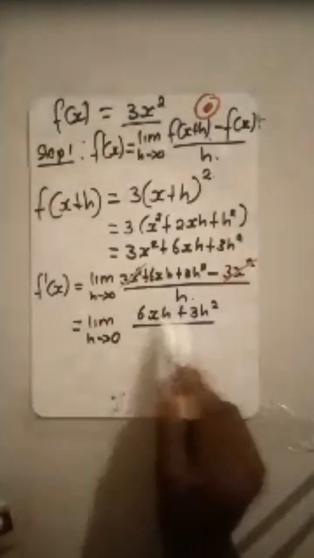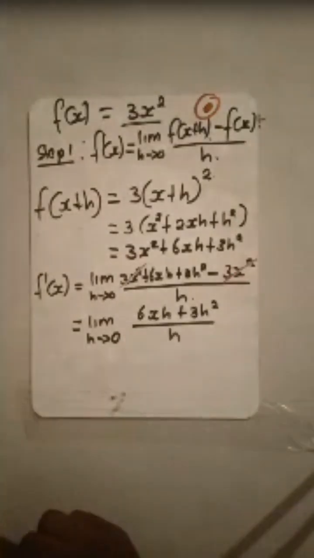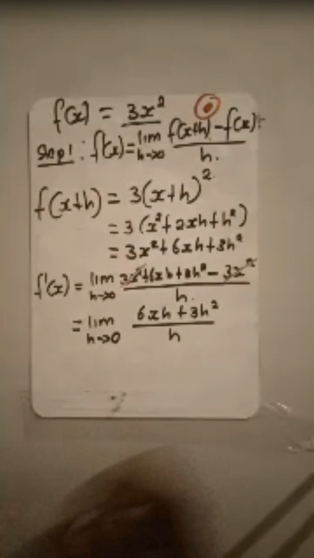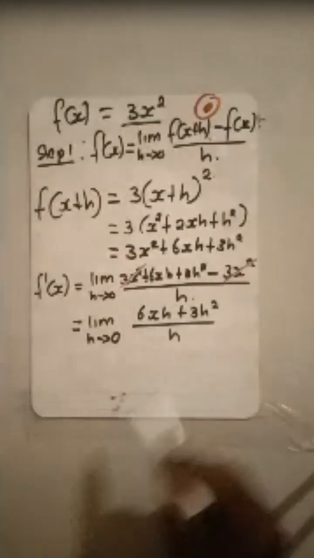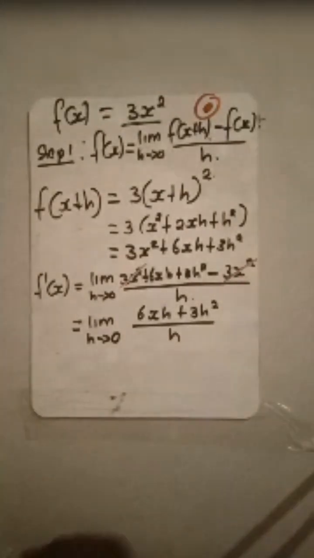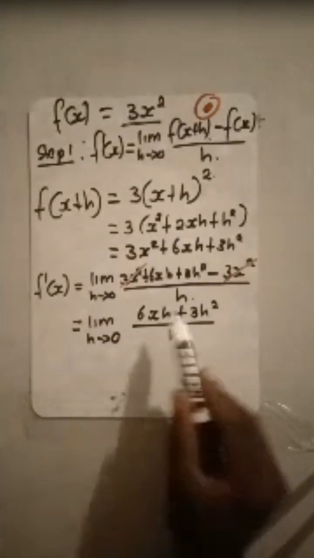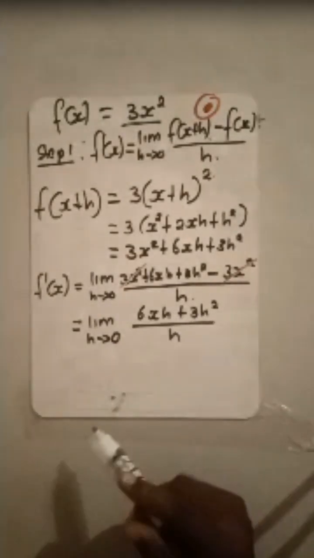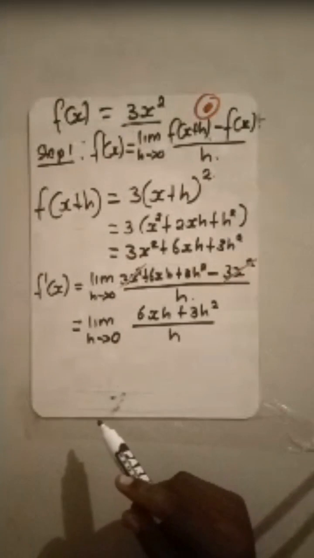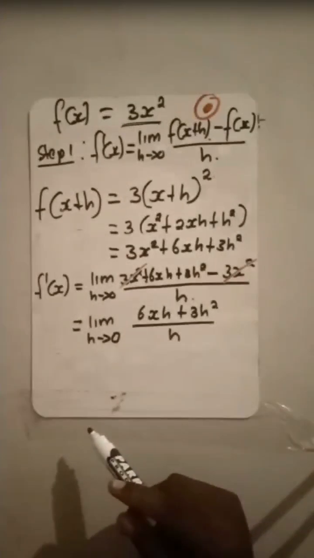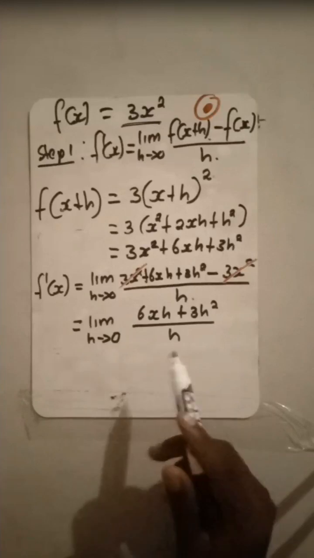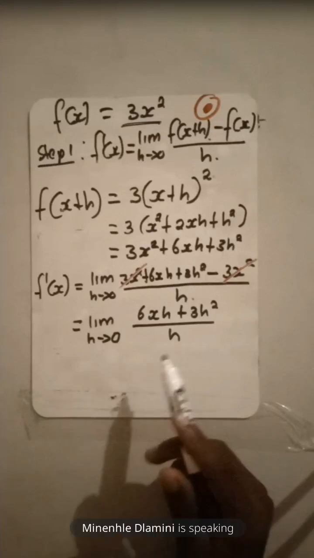Now, from the numerator, we can actually factorize. We can actually take out a common factor there. Right, guys, to check if we are there, who can tell me what is the common factor there on the numerator? Anyone, guys? Jackie? It's h.